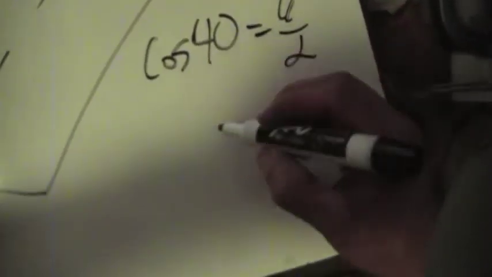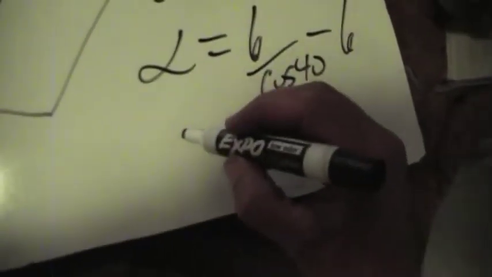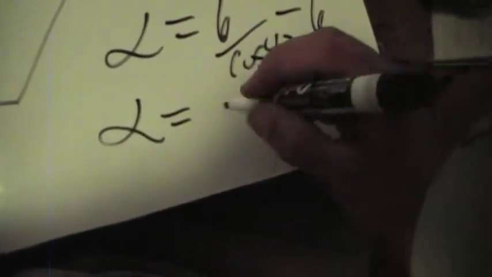Therefore alpha equals 6 divided by cosine 40, minus 6. And when we run that through Google, we get alpha equals 1.83 inches. So to be safe, we're just going to make it 2 inches.